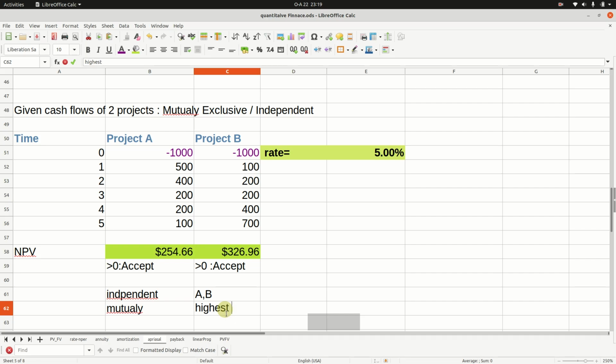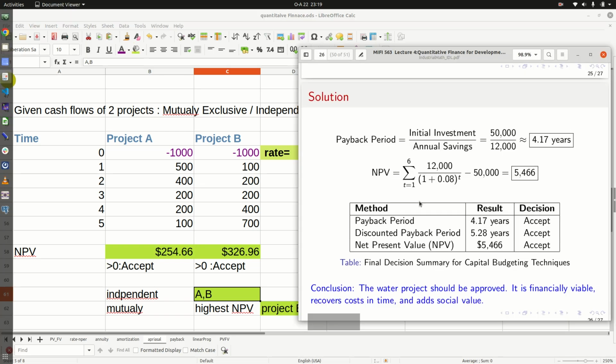So if you check these two here, it means that we have to accept project B, because that has a higher return at the end of the day. It has 336 and project A has 254. So if it's mutually exclusive, we have to go in for project B. If it's independent, we are good to choose between any of them since they are all positive. And that is how the NPV is done.